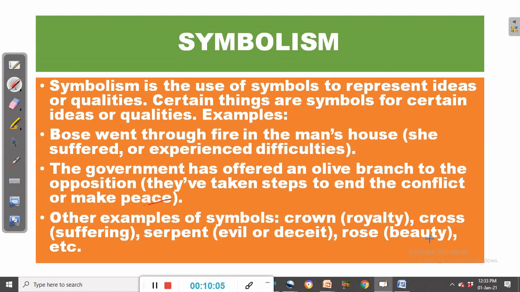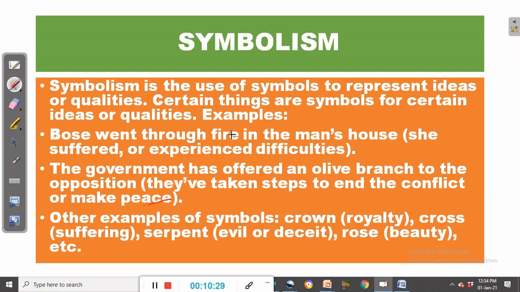Even colors, certain colors symbolize certain ideas. So you can use symbolism to try to interpret the meaning of a sentence. And we have seen the example. Bosse went through fire in the man's house.